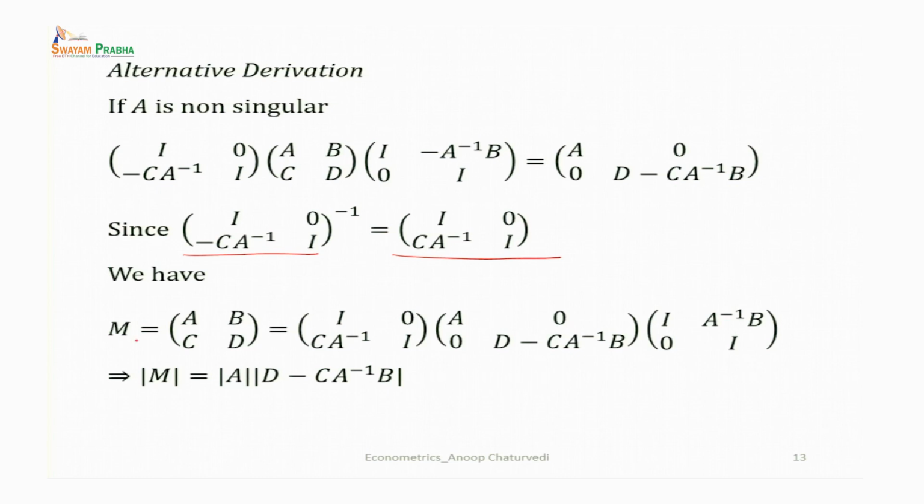So, from here we obtain M equal to A, B, C, D equal to, you take this matrix towards this side.